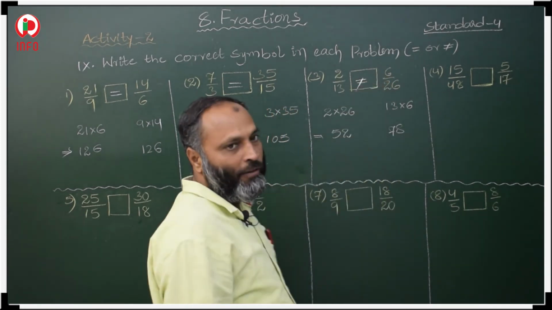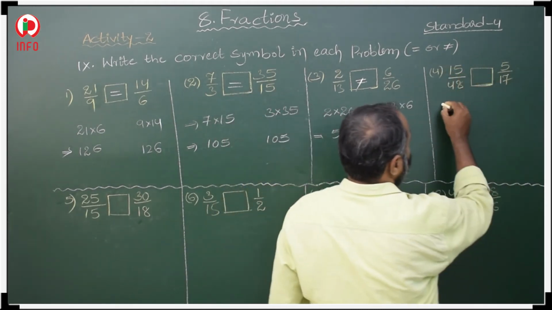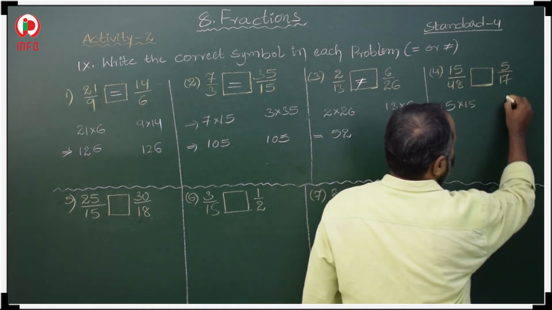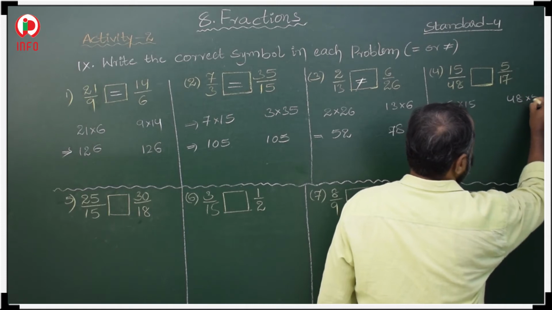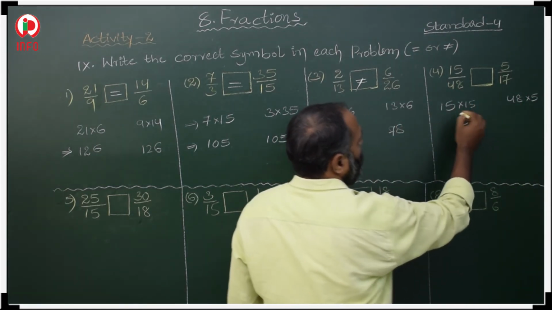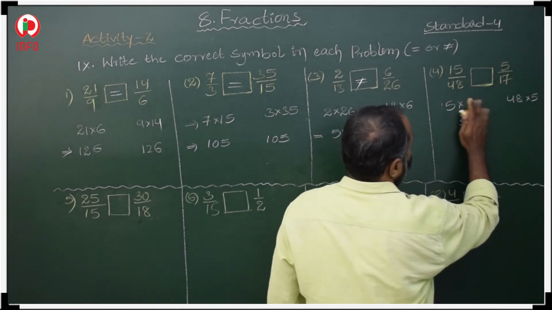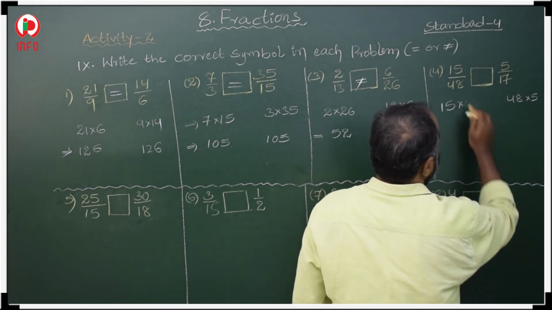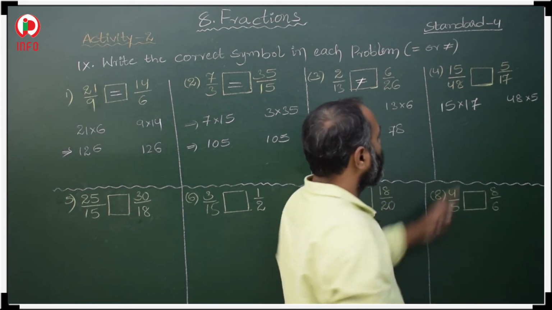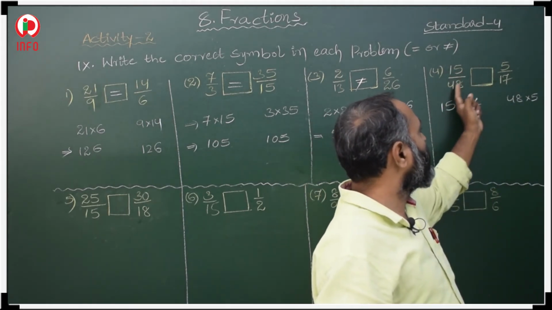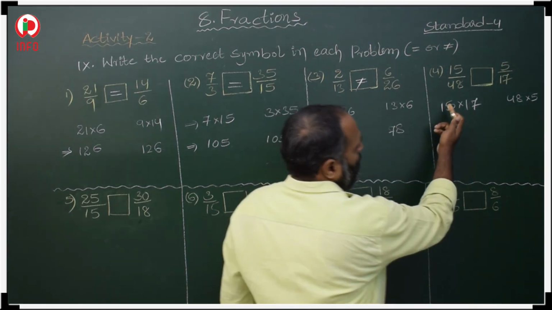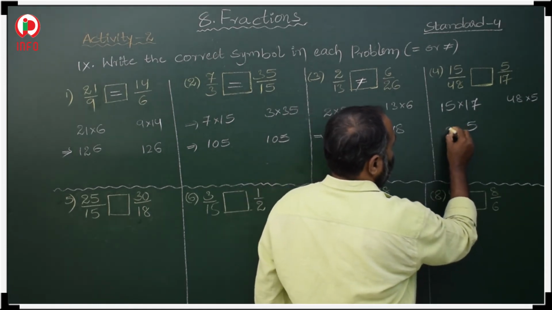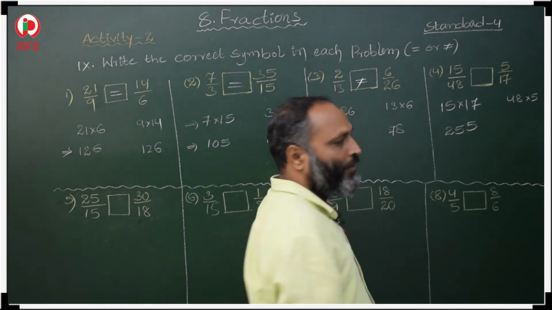Now cross multiplication. 15 with 17 and 48 with 5. 15 times 17 is 255.